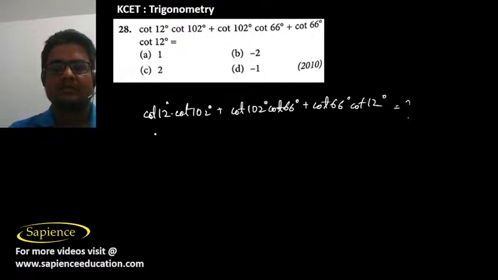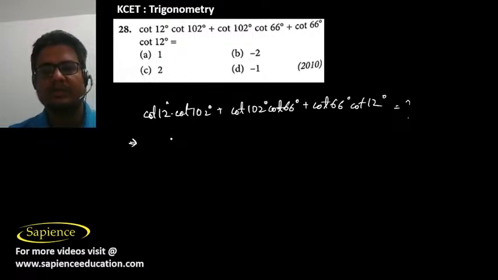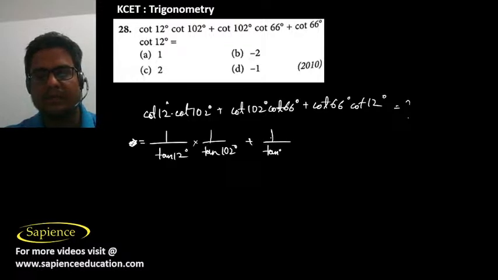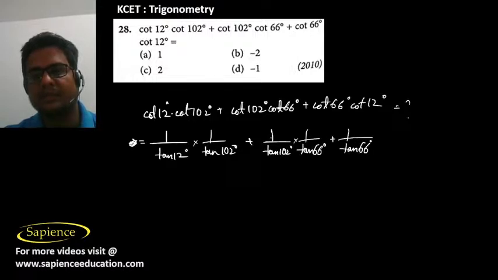So now we can see that this can be written as 1 by tan 12 into 1 by tan 102 degree, plus 1 by tan 102 degree into 1 by tan 66 degree, plus 1 by tan 66 degree into 1 by tan 12 degree.